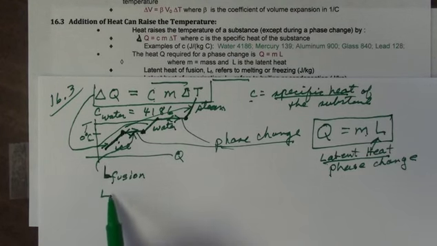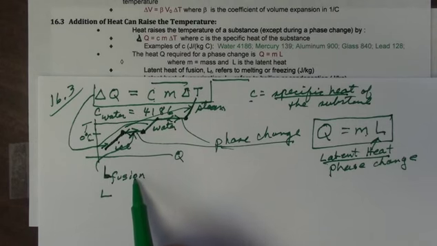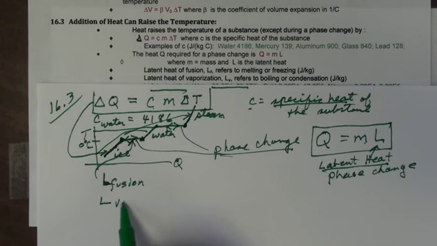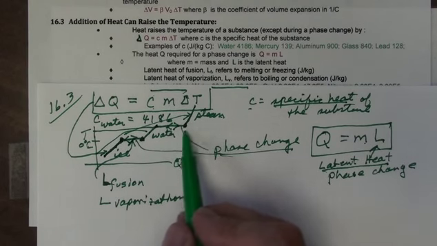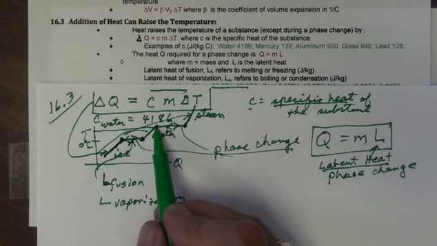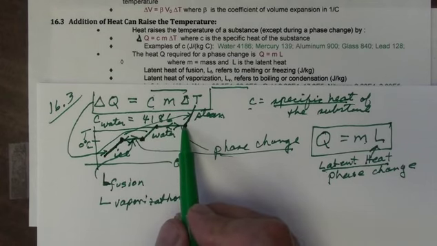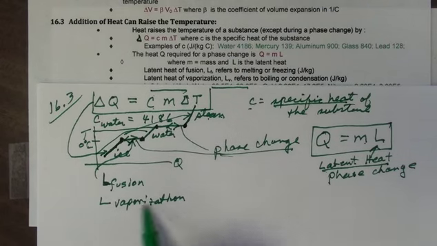That's sometimes called melting or freezing. And then we have the latent heat of vaporization, when the substance changes from a liquid to a gas. When we take the water and we boil it and make steam, we have the latent heat of vaporization.